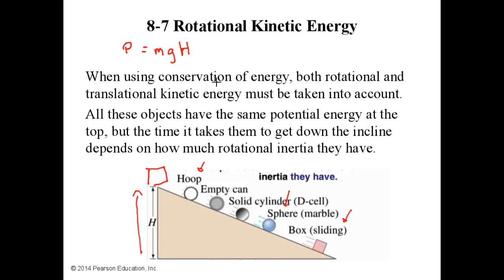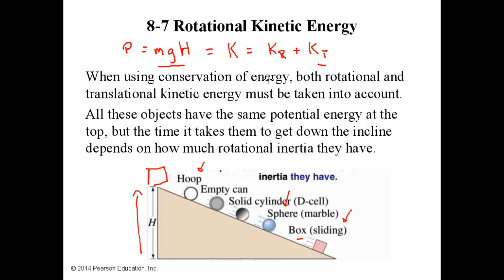All of that potential energy is going to go into kinetic energy, which can be in the form of rotational kinetic energy, or it can be in the form of translational kinetic energy. So an object that is not rotating, for example the box, all of this potential energy is going to go into the translational speed of that box. It's going to go down quite fast.